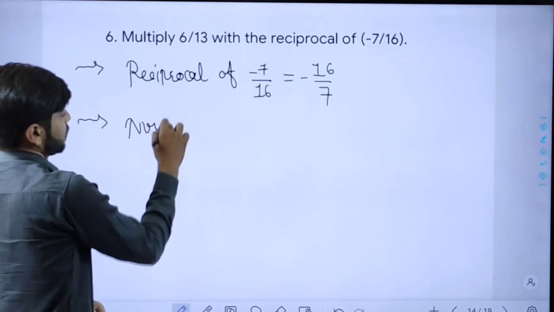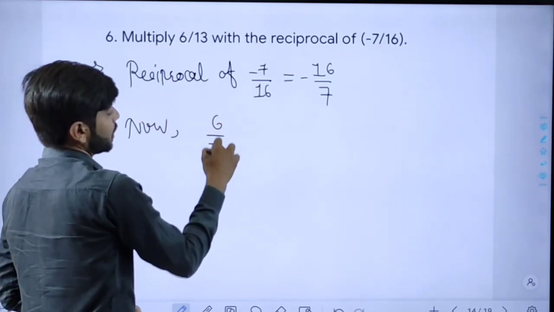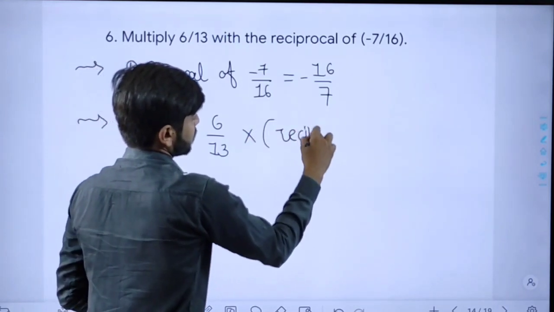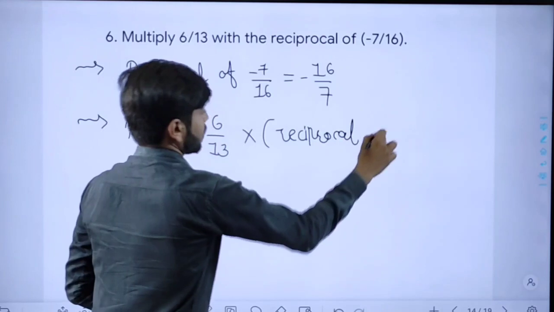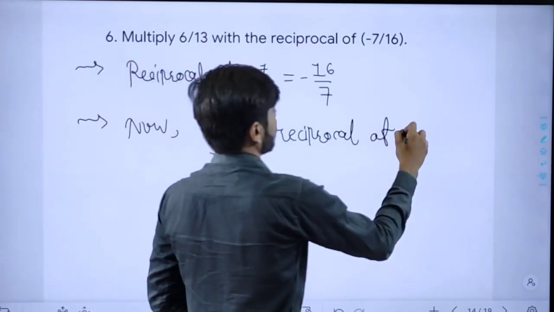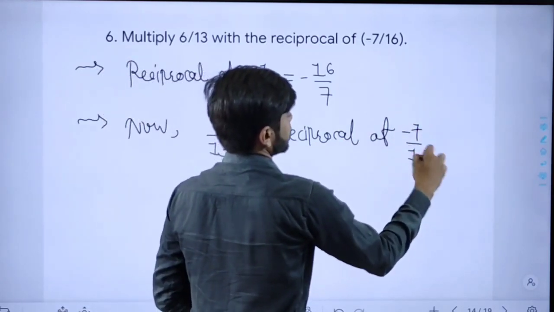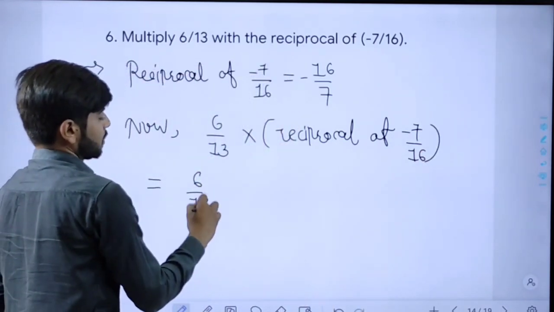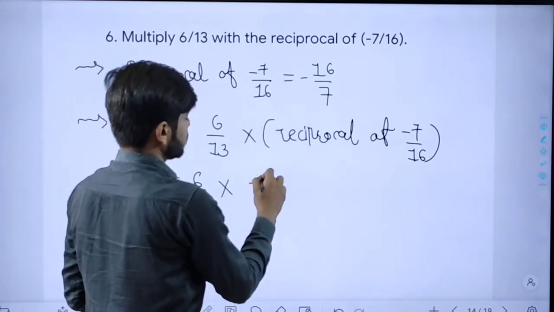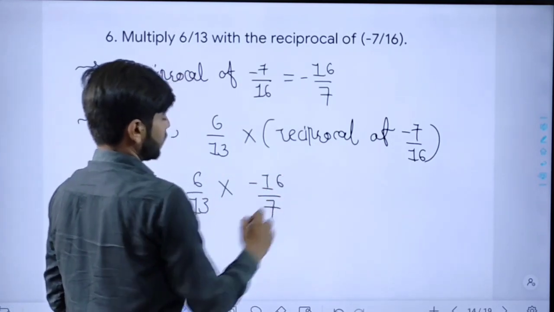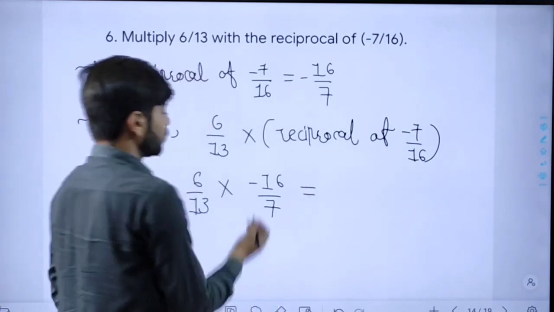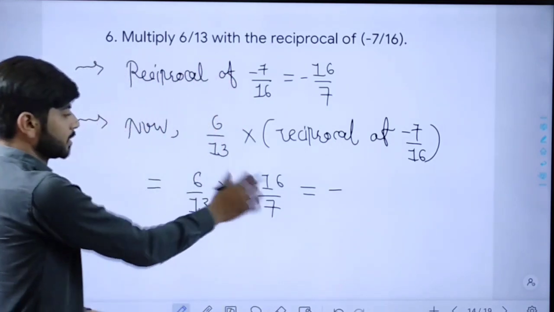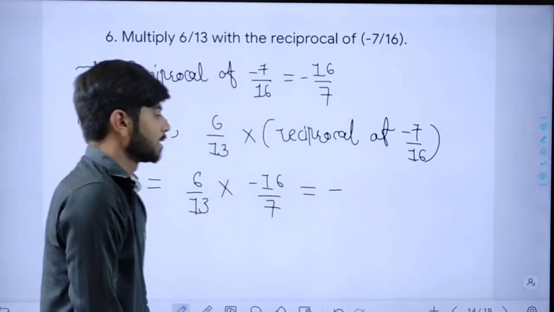Now 6 upon 13 multiplied with the reciprocal of minus 7 upon 16, we will get 6 upon 13 multiplied with minus 16 upon 7. Now you have to multiply 16 with 6 and you have to put the negative sign, because one is positive, one is negative, so we will get negative as the answer.